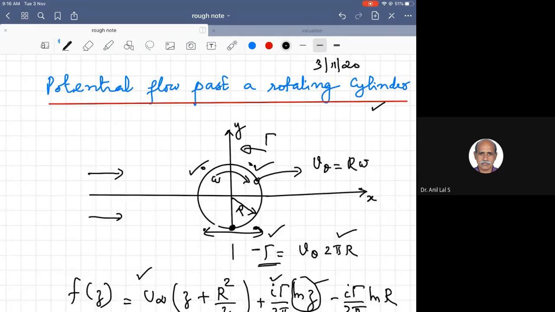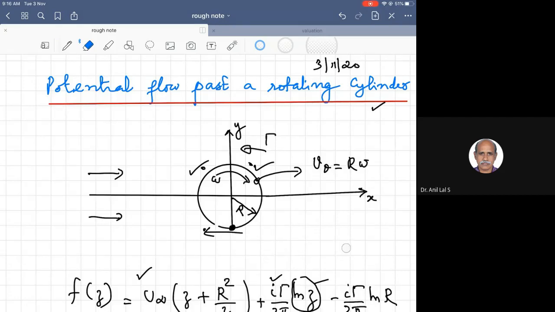So only one point is a stagnation point if you have the dimensionless circulation gamma by 4 pi u infinity r equal to 1. We are going to have only one stagnation point.